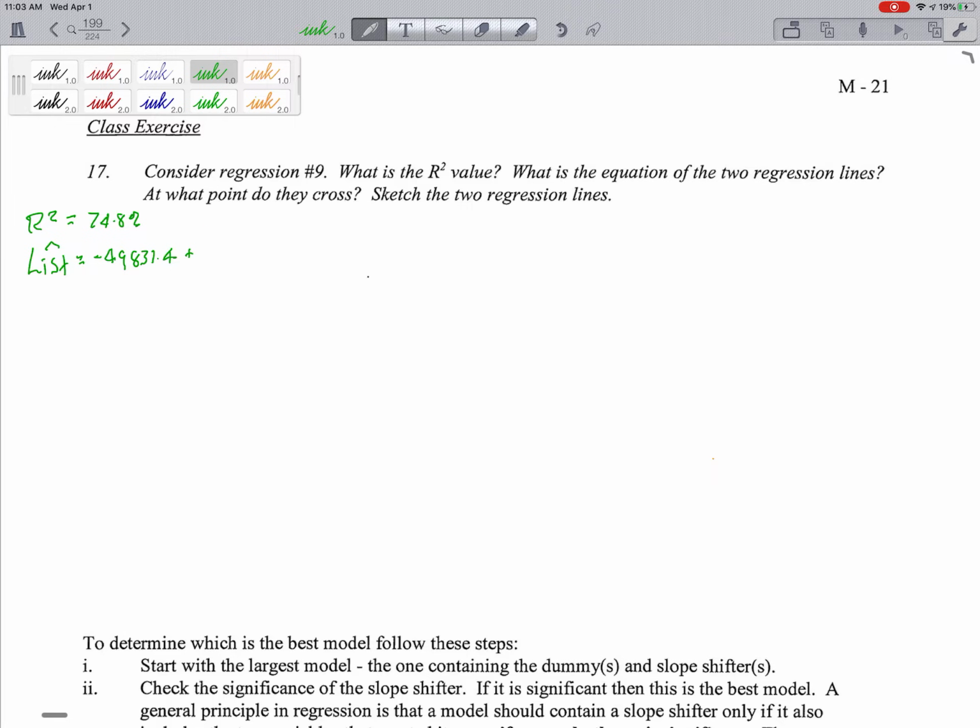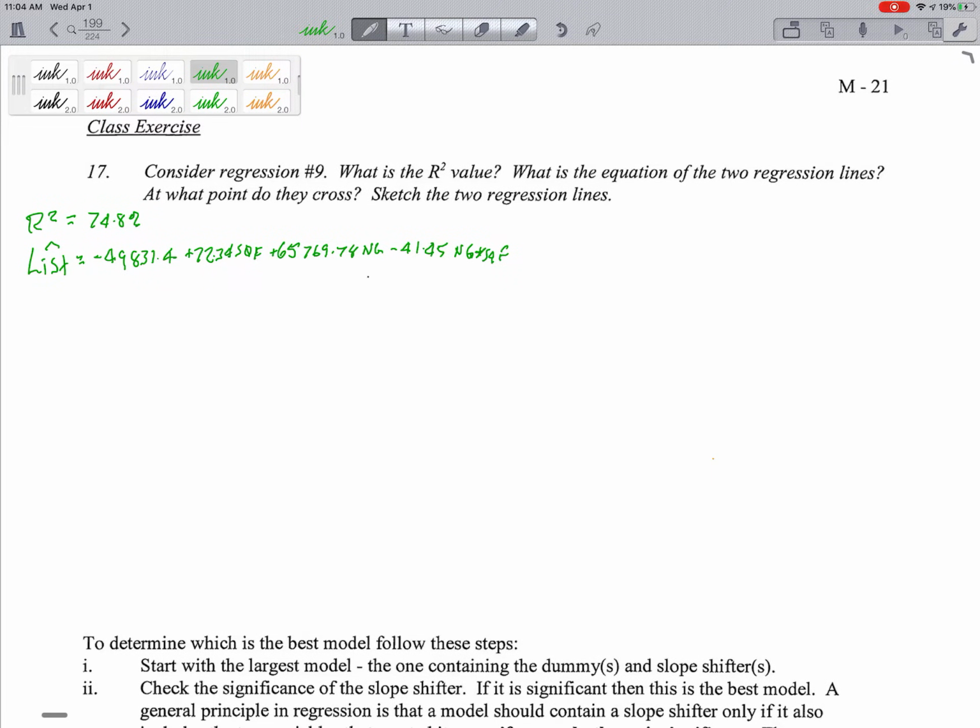And then plus 72.34 SQF plus 65,769.78 times NG, and then minus 41.45 times the slope shifter NG times SQF, like that.